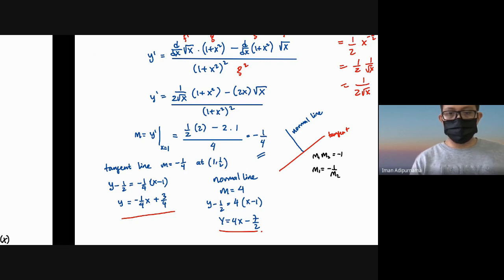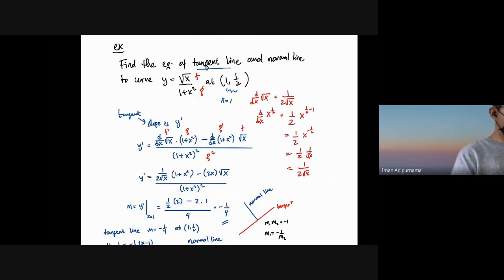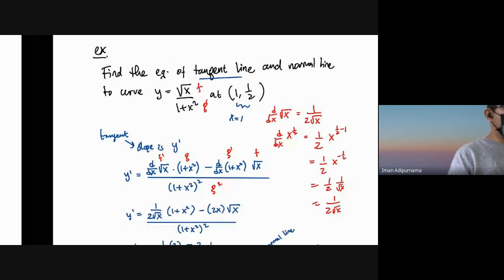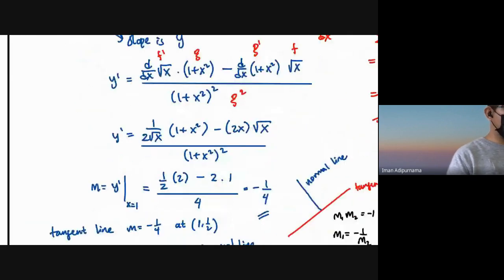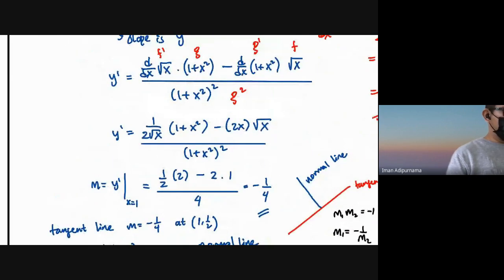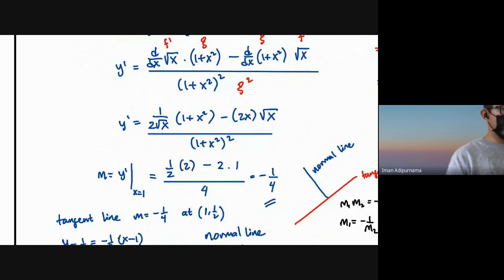Okay. Sometimes, like this question here is asking the tangent line and normal line, and then you see you have the formula you try to derive. Sometimes students lose a focus.